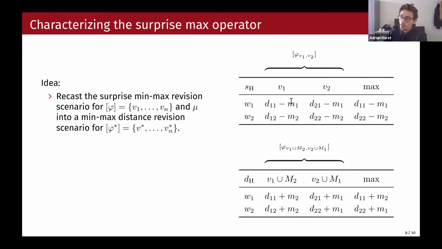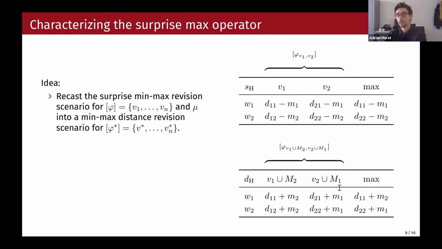intuitively you add M1 plus M2. M1 and M2 are the numbers that are subtracted here on every column. And you want to bring this to a common denominator, to a situation where you can apply the max operator. So you pad V1 and V2 with new atoms, these M1 and M2 sets, and they create a situation where you can apply the max operator.